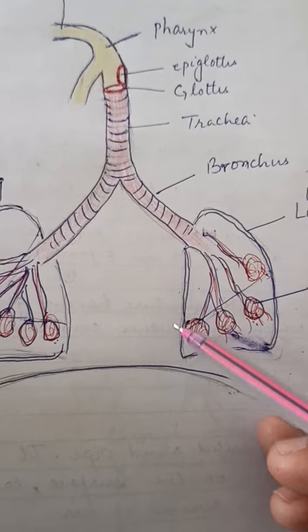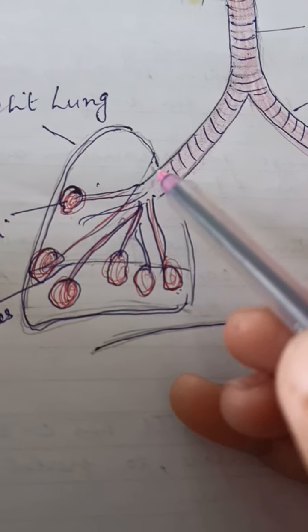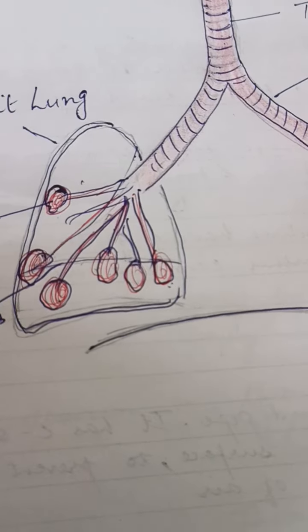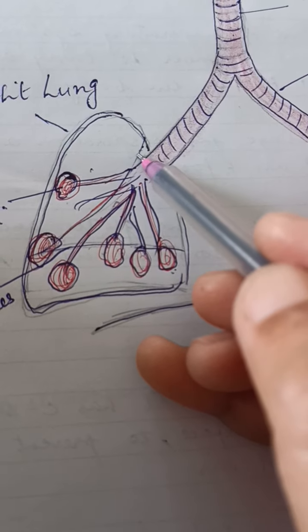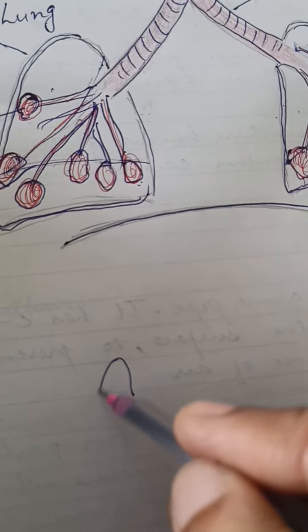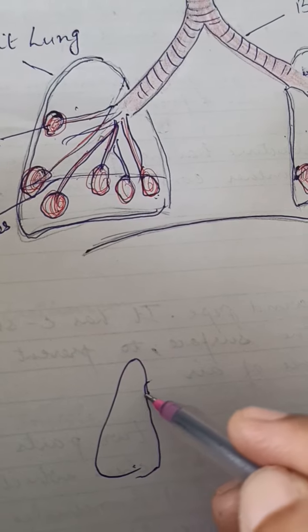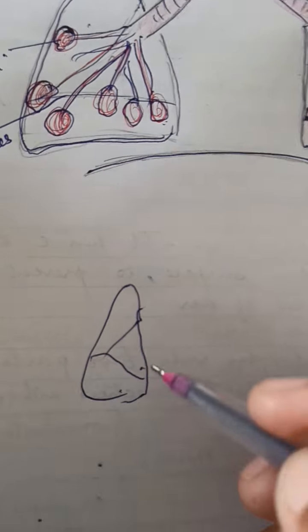Now these lungs are further divided. You might have seen that while drawing the diagram of lungs, a lung is divided into portions, like this is considered as the right lung. तो इस right lung में three parts are there.